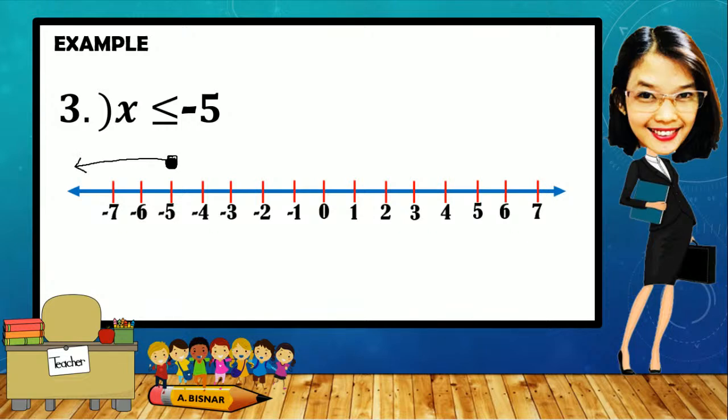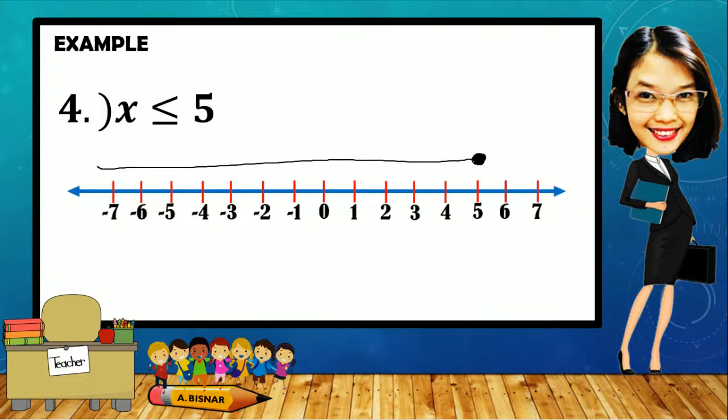Again, may shade dahil kasama yung negative 5 sa solution. Next, for number 4, x is less than or equal to 5. Ito yun. And then, papunta uli sa kaliwa. Basta kapag less than, palaging papunta sa kaliwa. Kasi mas lumiliit yung number.